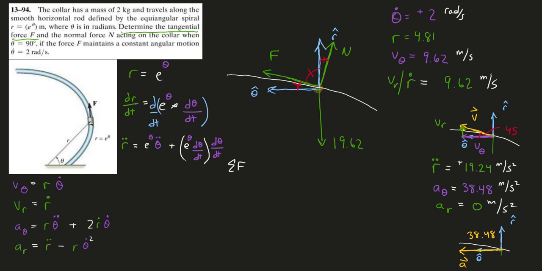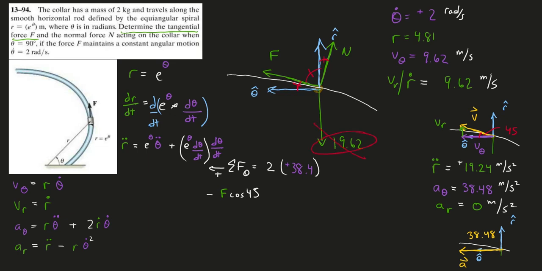So now we can just do our sum of the forces. In the transverse direction is mass times that acceleration. Remember, positive here is to the left. So this acceleration here is positive. Now, what forces do we have acting in this direction? We have a component of the external force acting to the left. To use cosine to get it.